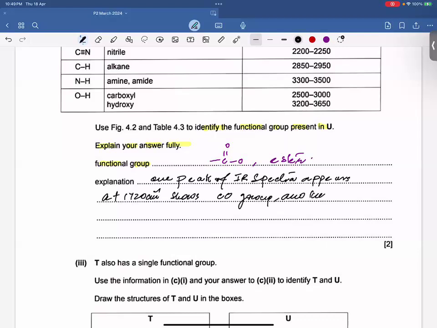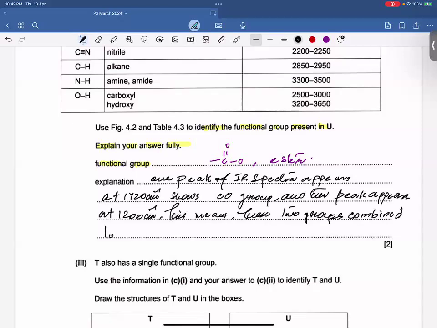Another peak appears at 1200 cm⁻¹. This means these two groups combine together to give the ester functional group.